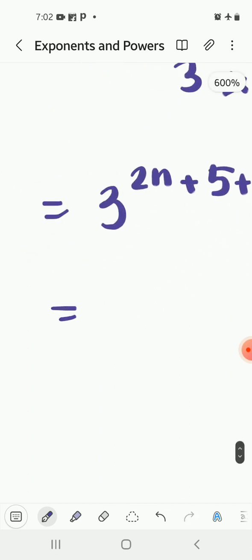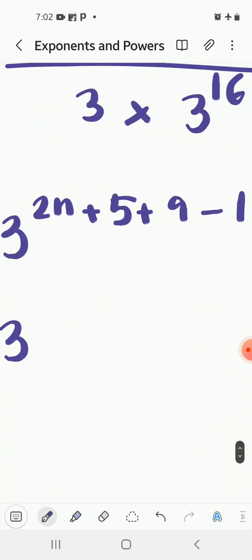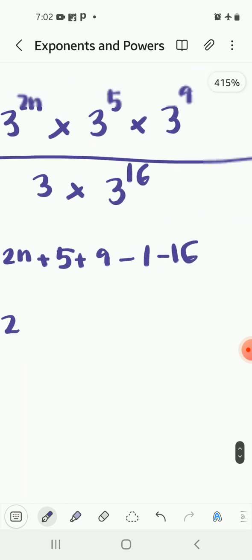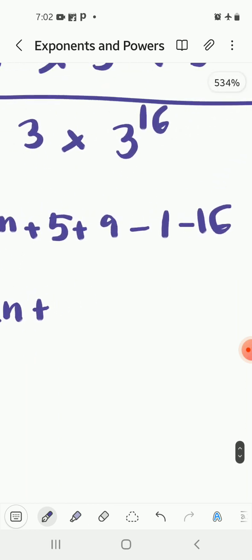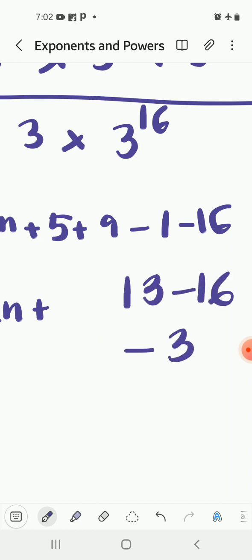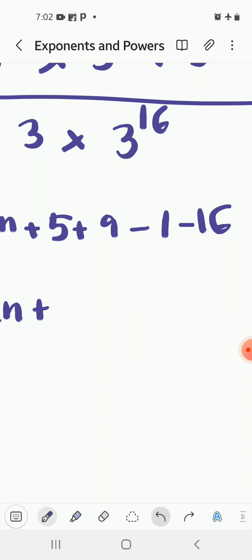Now we are going to solve this part. 2n plus, add 9 plus 5 becomes 14. 14 minus 1 becomes 13. So we've got 13 and minus 16, which becomes minus 3. So we're going to write minus 3.